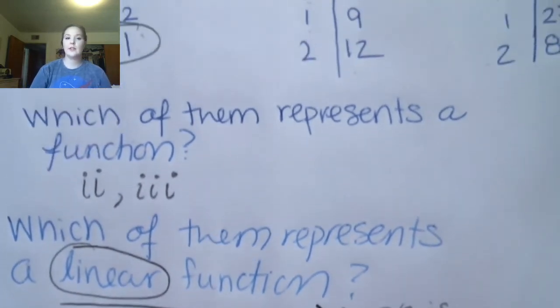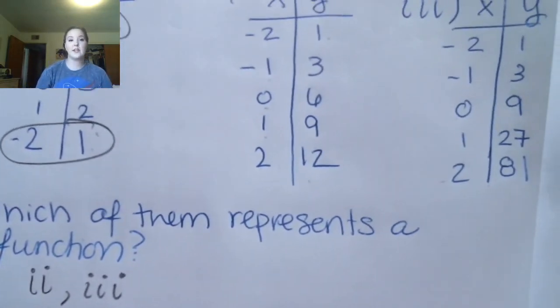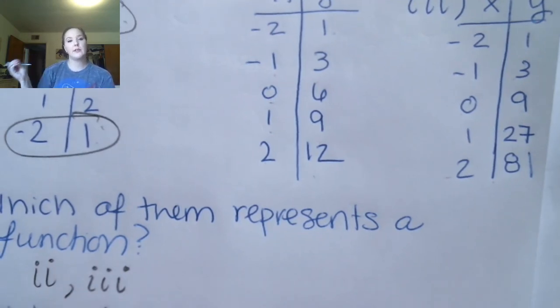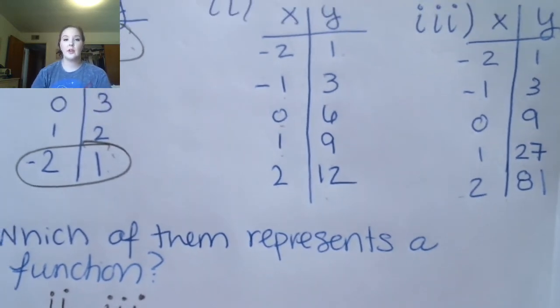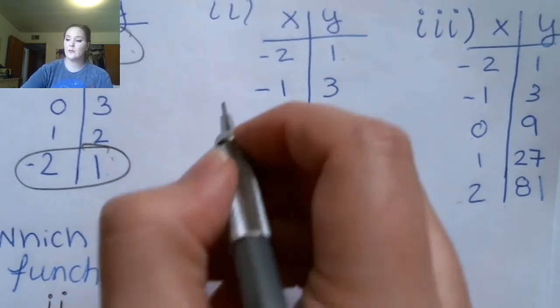We could certainly graph all of these points and determine if this is a line, but there's actually an easier way to do this. Remember when we talked about earlier, the defining feature of a line is that the slope is always the same. So we're going to look at the slope for each of these points.